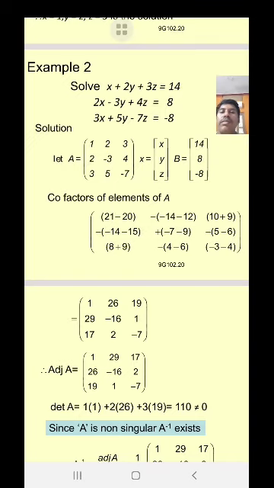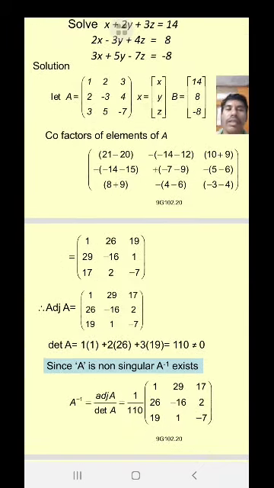Third row, first element is positive, 8 plus 9, second element is minus, 4 minus 6, and the last element is positive, and its minor is minus 3 minus 4.